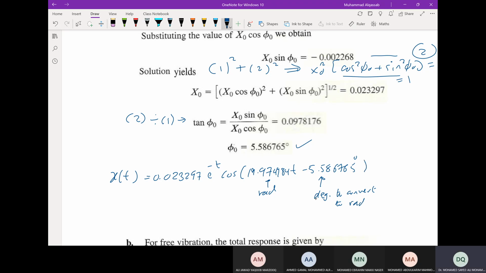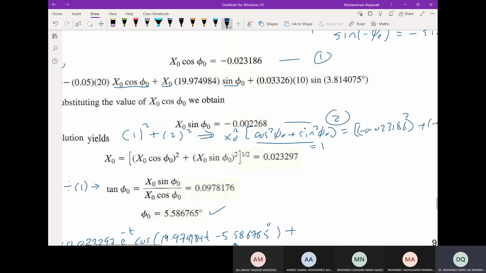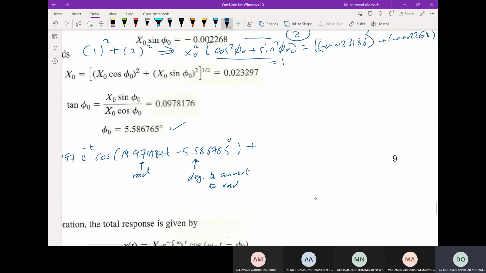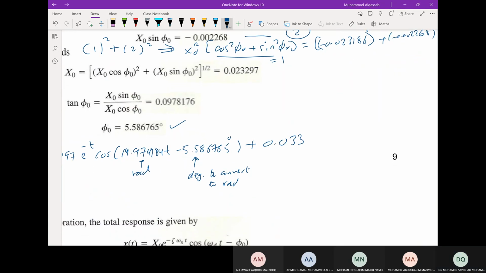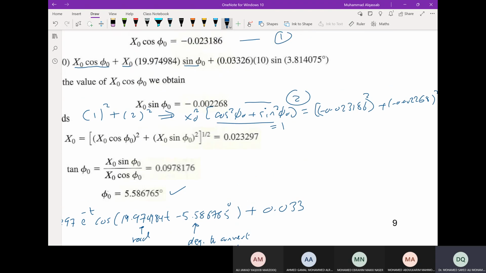Okay, this is the homogeneous solution plus the particular solution, which is 0.03326 cosine 10t minus 3.814075 in degrees.